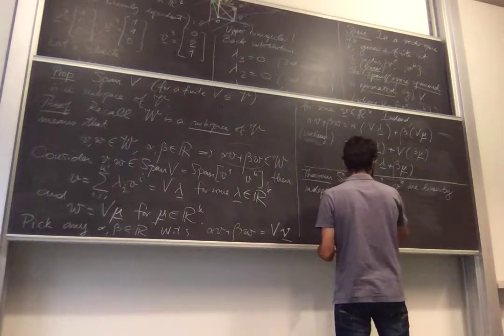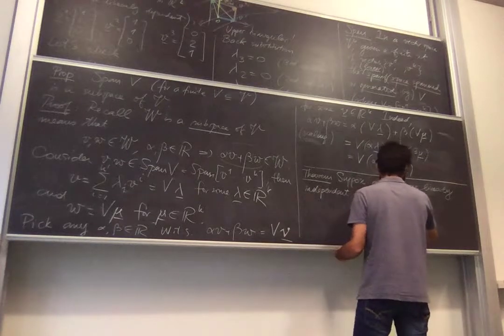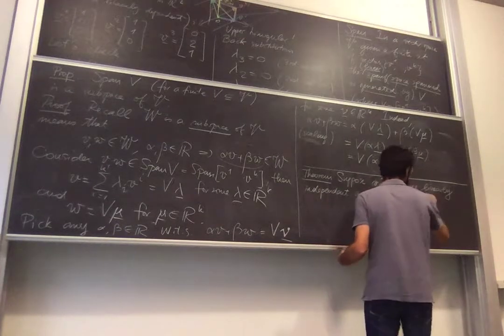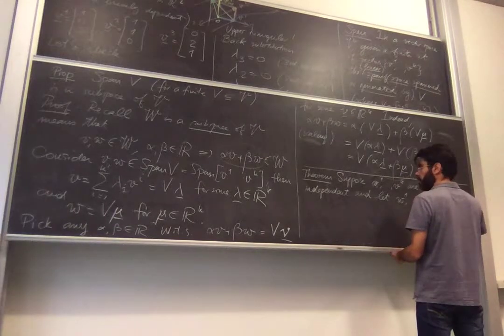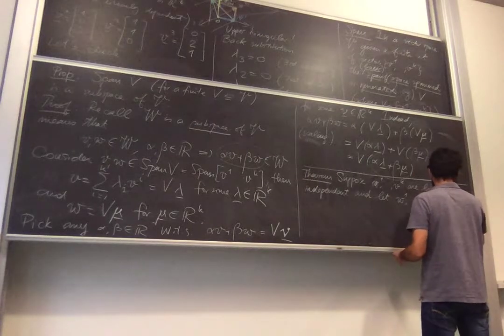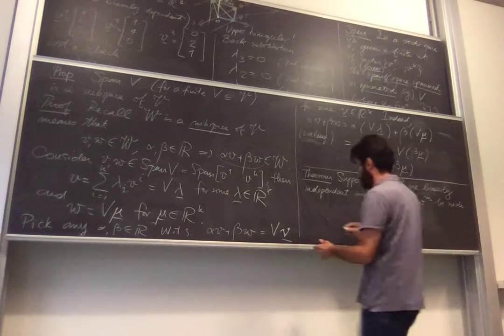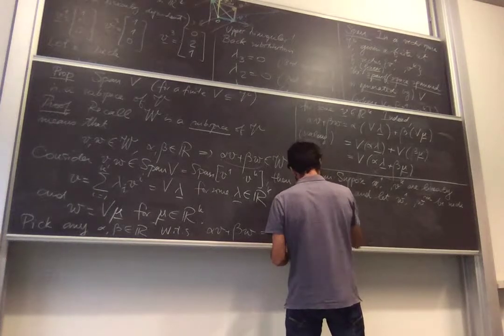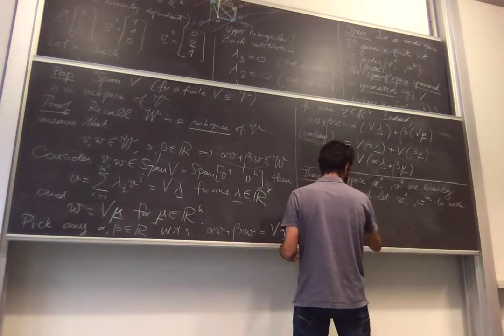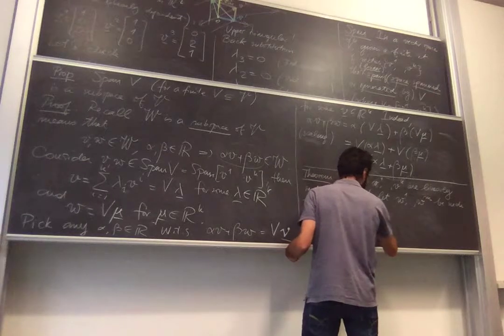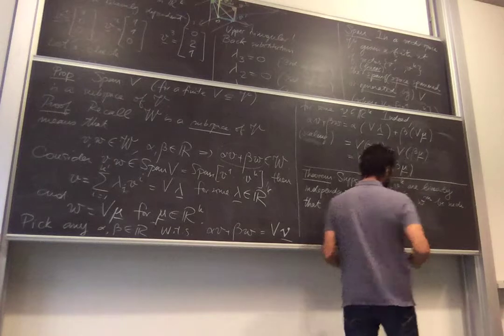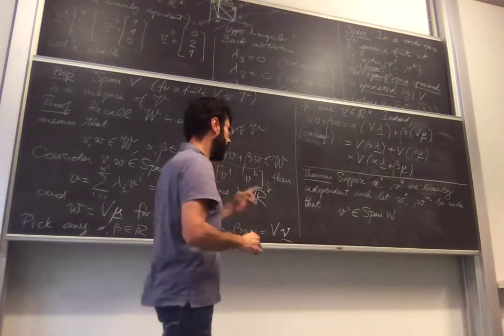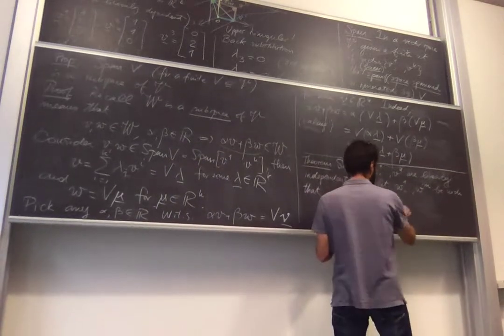And let W1, ..., Wn be such that each single one of these belongs to the span of W. A reminder, this is quick notation.